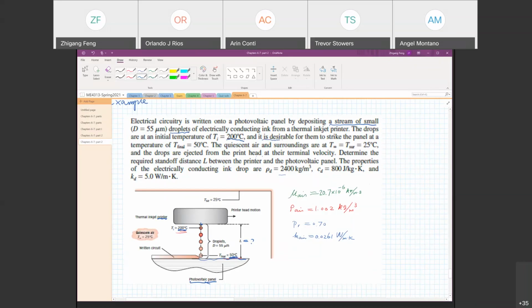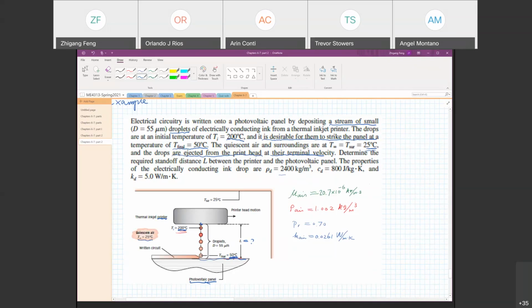Let's continue with the statement. It is desirable for them to strike the panel at a temperature T sub final equal to 50 Celsius, and the surrounding air temperature is equal to 25. The droplets are ejected from the print head at their terminal velocity.